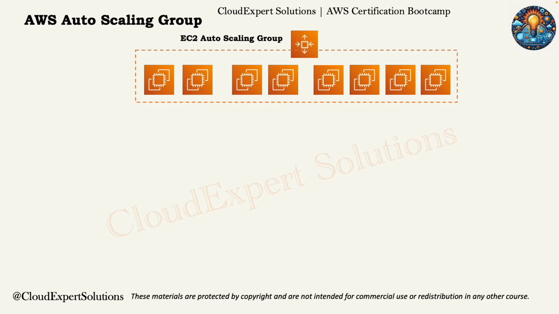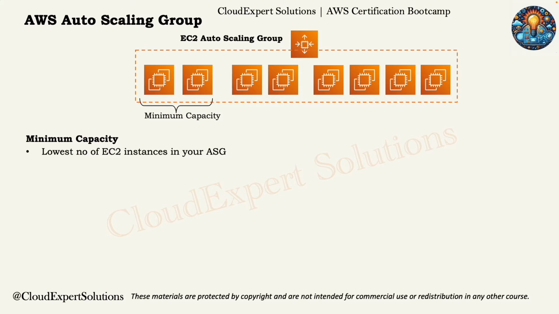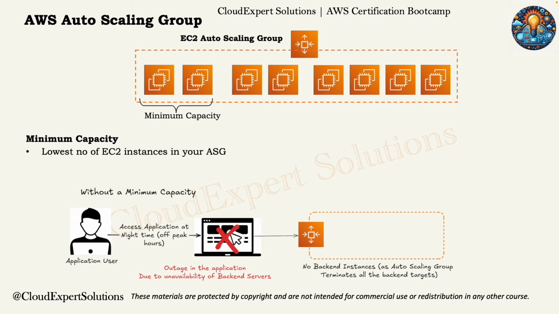To manage your baseline capacity, the auto-scaling group uses minimum capacity. Minimum capacity is the lowest number of EC2 instances your auto-scaling group will ever run. This is important because during off-peak hours, AWS will start removing instances from the auto-scaling group, and at one point of time the EC2 instance count can come to 0, which will create an outage to the application.